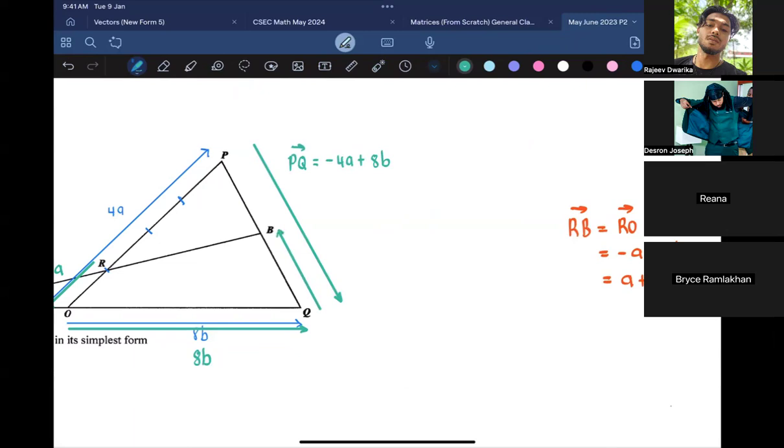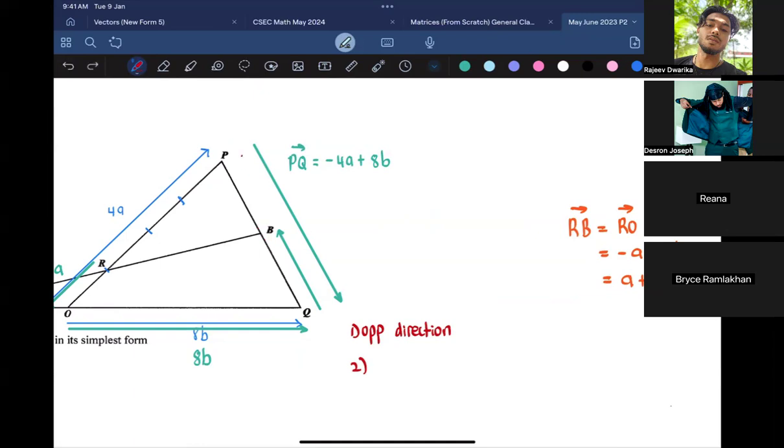So let me establish that: they're going in the opposite direction. That's one thing. The other thing, if we're talking just about length, B is the midpoint. So that's the point between P and Q, right? That's the middle. Yeah.